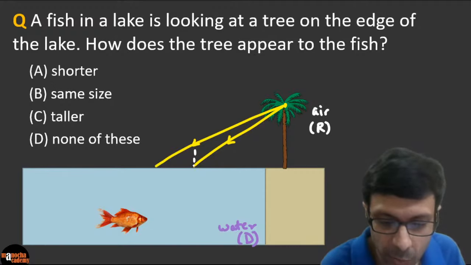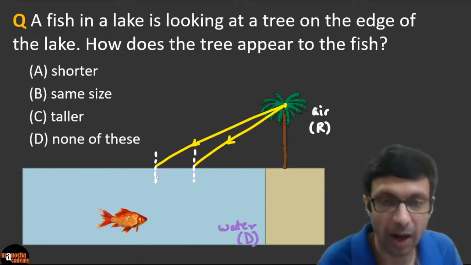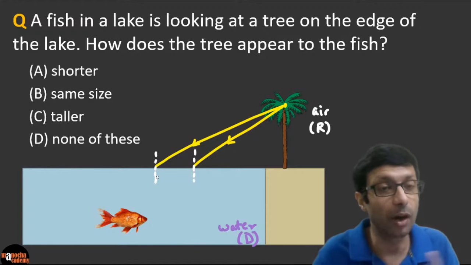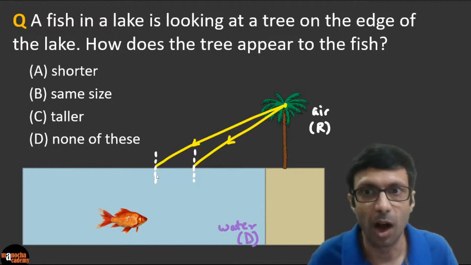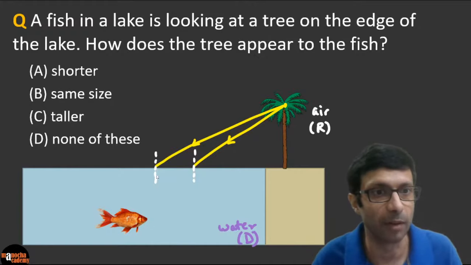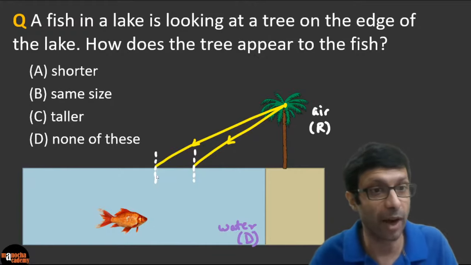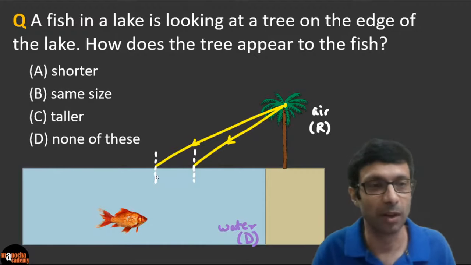When these light rays hit the water, are they going to bend towards the normal or away from the normal? Please think. How will the light rays bend? Because refraction is the bending of light when it goes from one medium to another, when there is a change of medium.